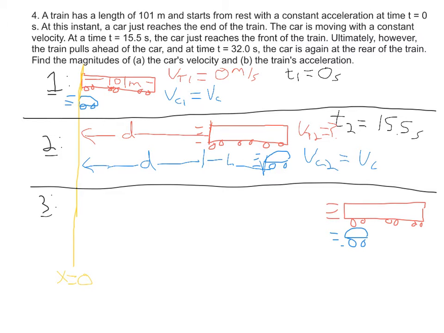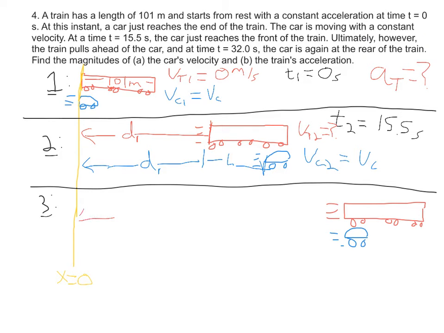And so we're asked to find what the acceleration of the train is, which is going to be the same in each situation. And then lastly, in position 3, I'm going to add a subscript up here, d1, because we're going to have a new distance in situation 3.